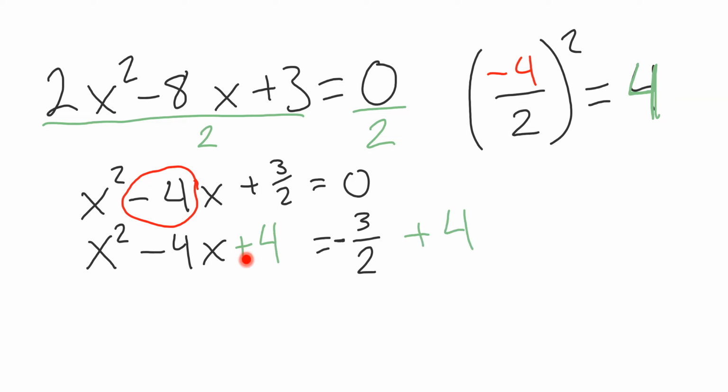So now what we've done is we've just engineered our constant term to have a special pattern so that when we factor this, we ask ourselves, okay, what two numbers multiply to 4 and add to -4? Well, it's -2 and -2. So this factors to x minus 2 times x minus 2, which can also be written as x minus 2 squared.